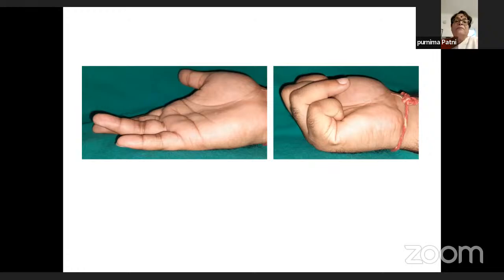And despite the best techniques, we have seen that the finger will get stiff. A better functional finger will probably be by just handling the distal interphalangeal joint and fusing it in a functional position. I would prefer to do that rather than embark on a repair of the profundus.